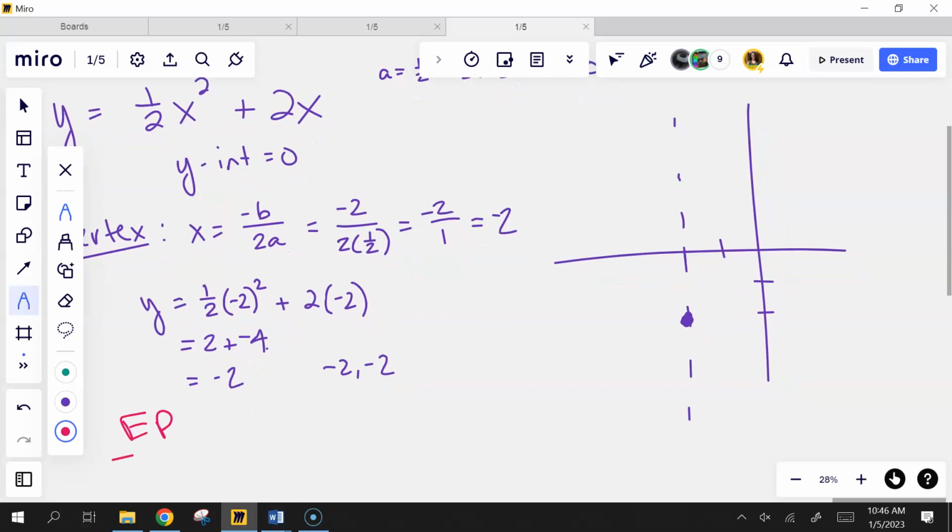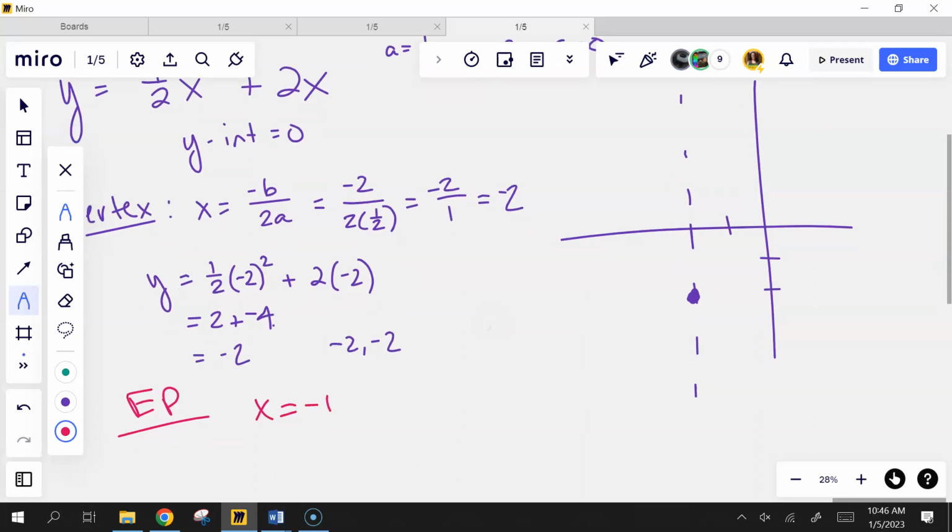I'm going to look at my x part of my vertex. What's the x part of my vertex here? Negative 2. What's a number that's really close to negative 2? Negative 1. Let's use negative 1, and let's plug that in to find the other part of the point.